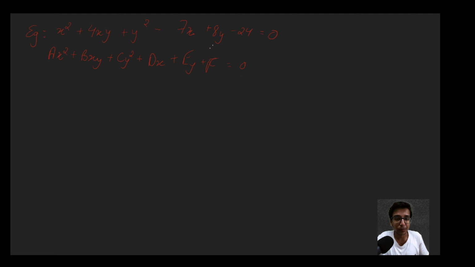Now let's try to partially differentiate this entire equation. So first I'll find out d by dx of our equation. And then I'll take the partial differential in terms of y for the same equation. So the question, basically I'll just write down what the question was. It was to find out the center of the conic.